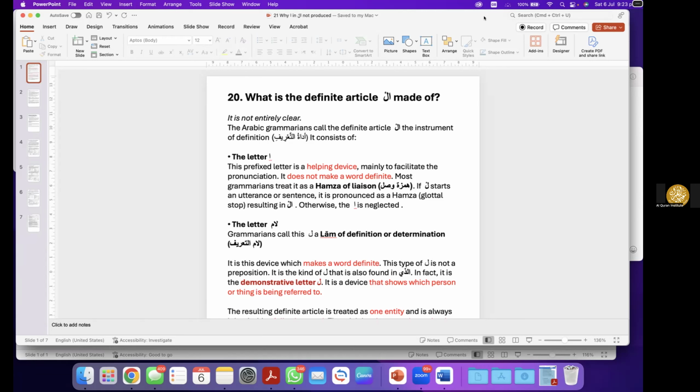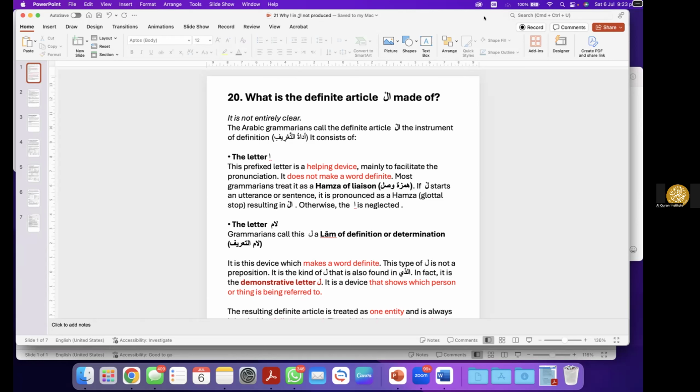Okay, let's get back to the word al. Its first letter is alif. This prefix letter is a helping device. Have a think about it. It's a helping device, alif, a tool, letter, whatever, mainly to facilitate the pronunciation, the sound.